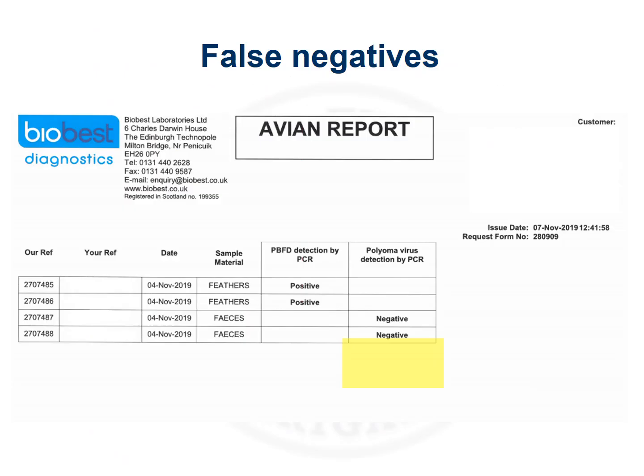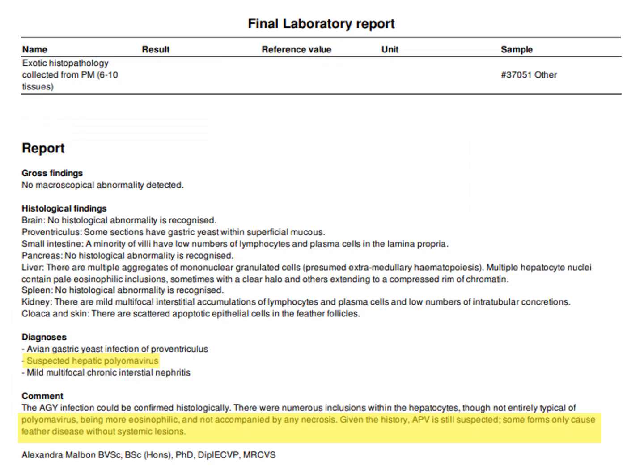So there is your explanation as to why it was negative. And again, back onto post-mortem, a different post-mortem here as well. We've got hepatic changes of polyomavirus here. This bird has polyomavirus. The fact it was negative on PCR is irrelevant.